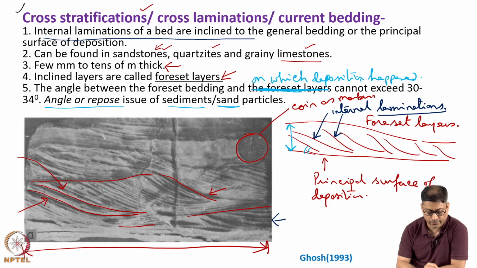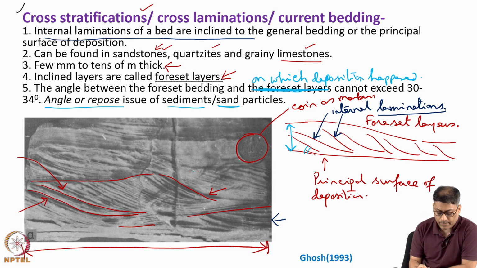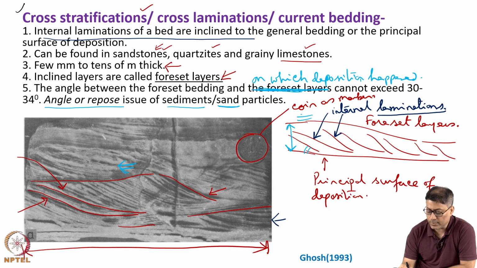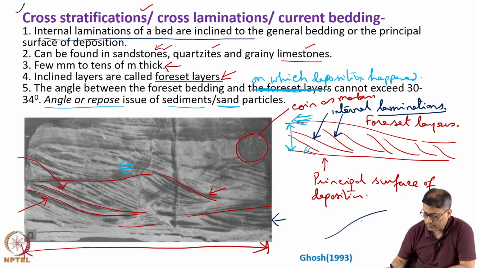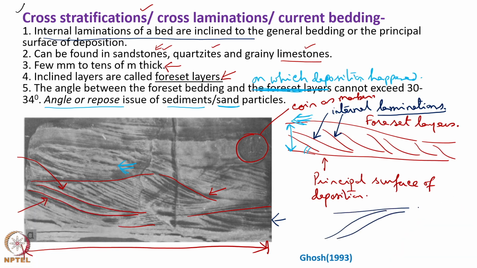Here this kind of cross stratification indicates a paleocurrent direction in this geographic direction. In this diagram, in the past water has flown in this direction, and if the cross bedding looks like this, that means in the past water has flown from left towards the right hand side direction.